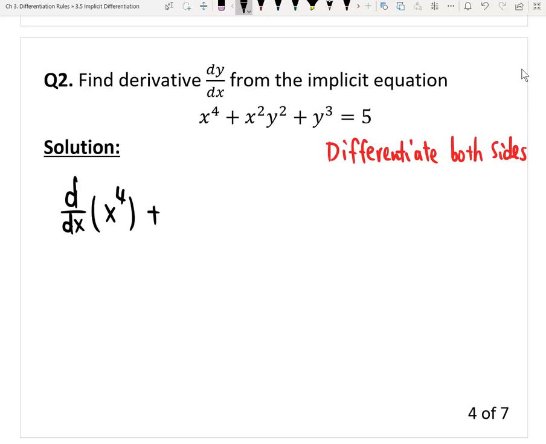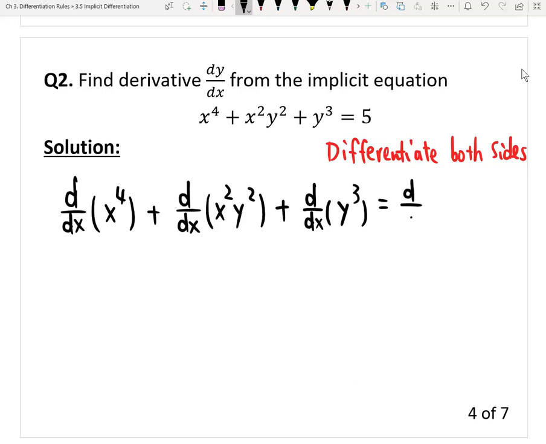Let me write it. The second is d/dx of x squared times y squared. The third term is d/dx of y raised to the third power. This is the left. The derivative of the right, of course, you know that's 0, but I wrote everything here together.